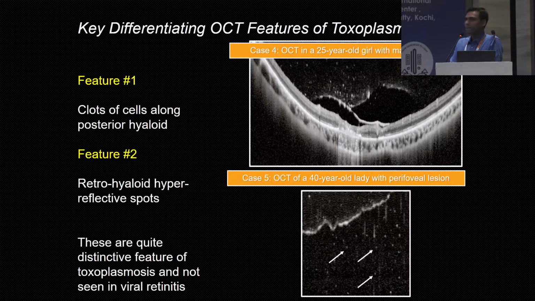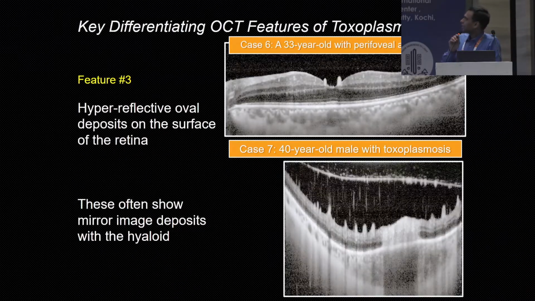clinically similar entities. Now, the key differentiating features continued. As we see in this image, feature 3 is the presence of hyperreflective oval deposits on the surface of the retina. These are clumps of cells present in the posterior cortical hyaloid, in the subhyaloid space, as well as on the surface of the retina.